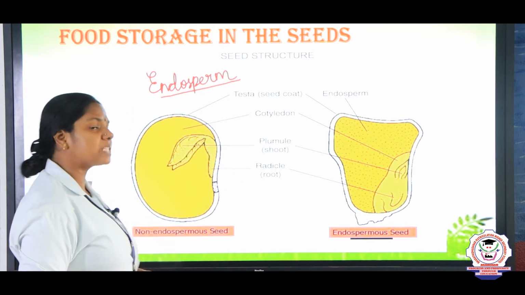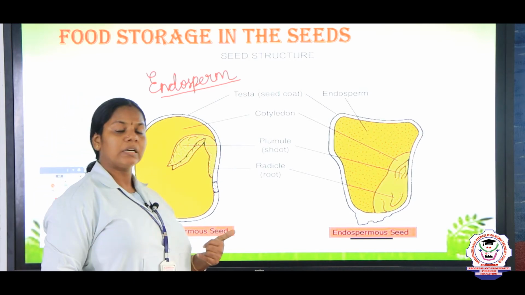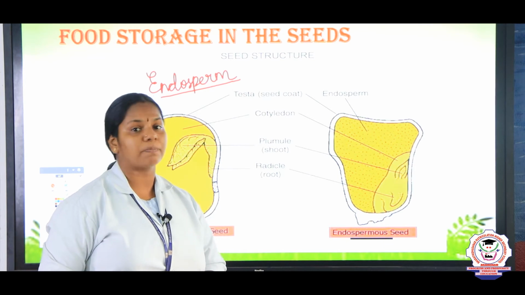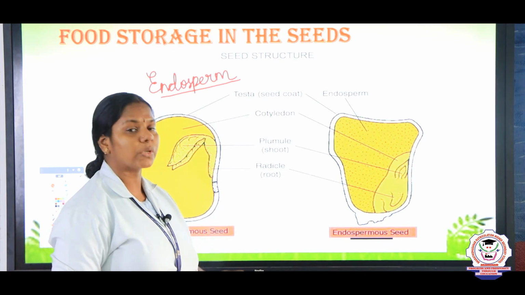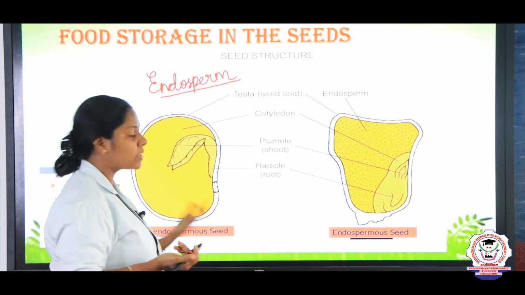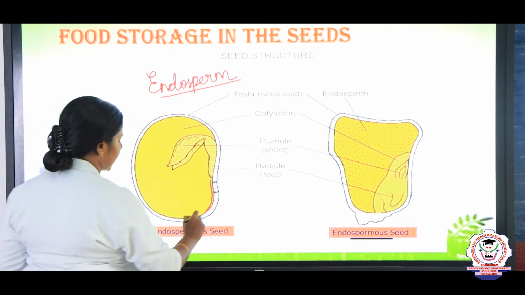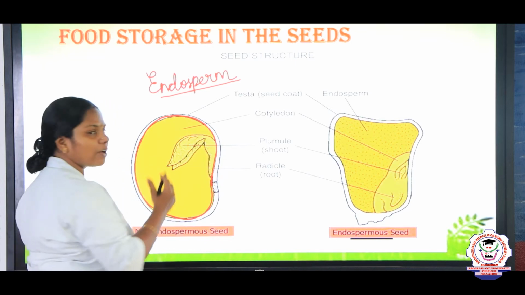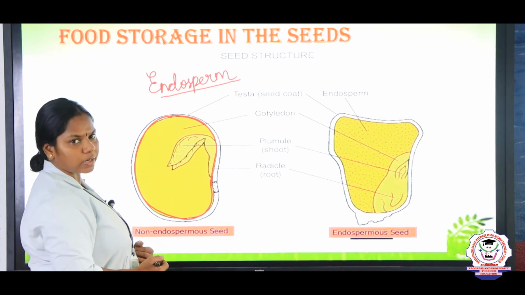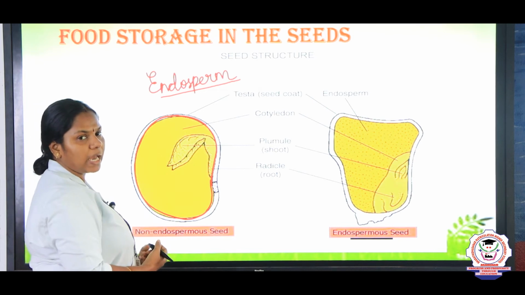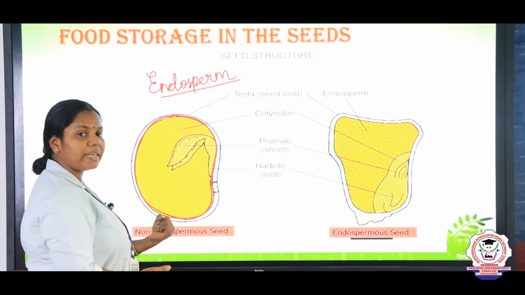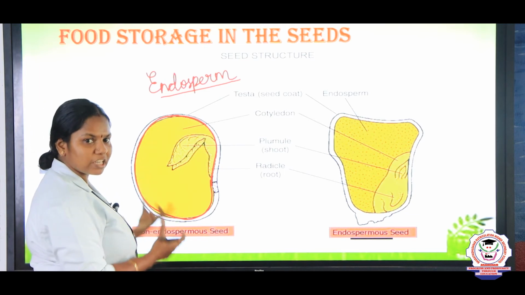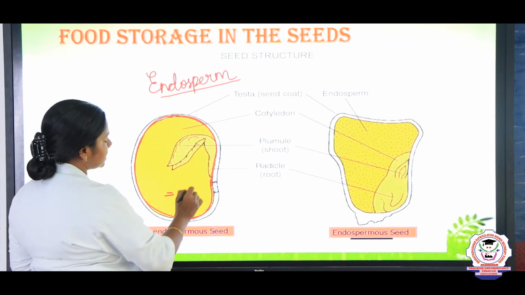But in some seeds, for example a bean seed or chana dal, and some other dicot plants like sunflower seeds, you can see there is no endosperm. Only the cotyledon is present. No endosperm, only the cotyledon functions to store the food. So no endosperm is seen in the dicotyledons, and the cotyledon does the function of the endosperm, that is, the storage of food is done by the cotyledons only.